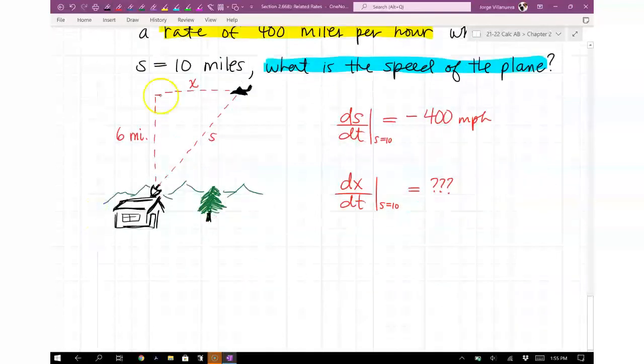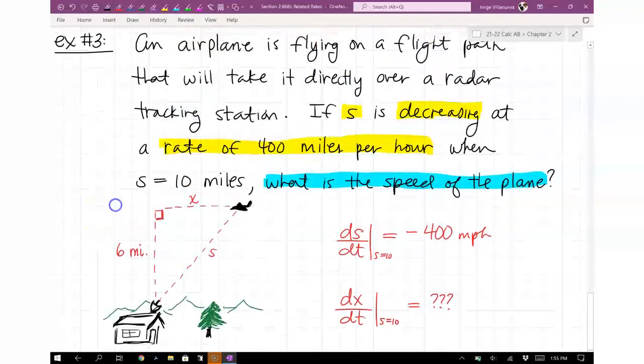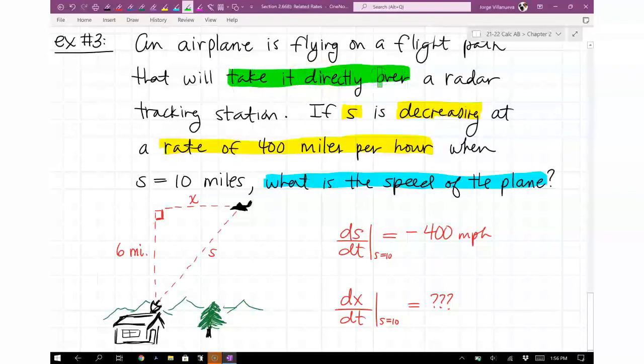So, we know this is a 90-degree angle, mostly because of the fact that they mentioned that this airplane was going to take it directly over, which means there is no turbulence, there is no wind resistance. Math likes to deal with word problems as if we lived in a perfect world where wind did not exist. Okay? Physics says that's crazy.